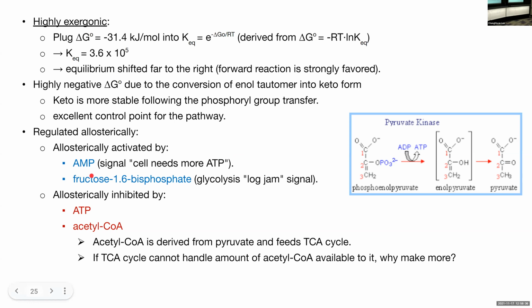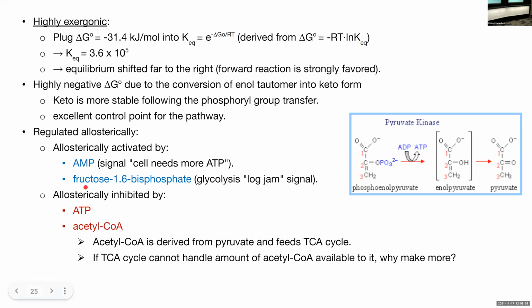And again, it makes sense because if there is a lot of AMP, that means the cell needs more ATP to store the energy. So it'll boost this process, activating pyruvate kinase to process more glucose to generate ATP.